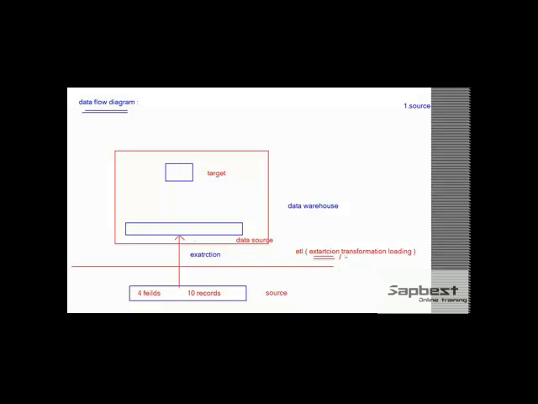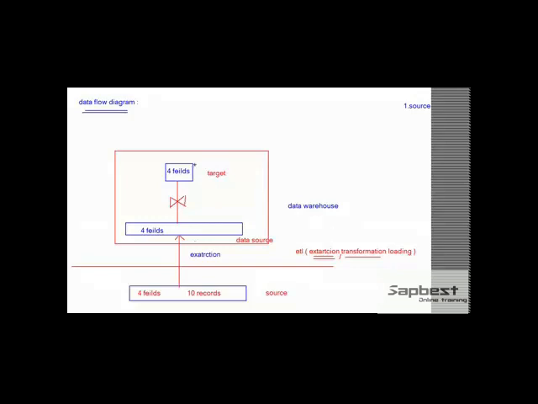The second topic, transformation. Transformations are nothing but mapping between the data source fields to the target fields. One-to-one mapping. For example, the data source contains 4 columns and the target also contains 4 columns. We just map the data source field to the target field, one-to-one.